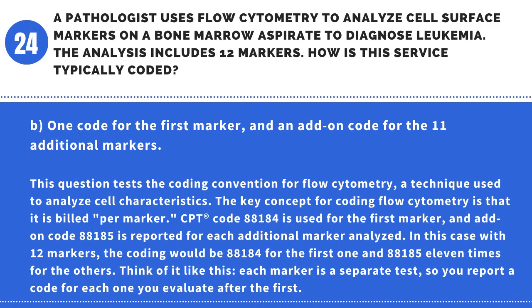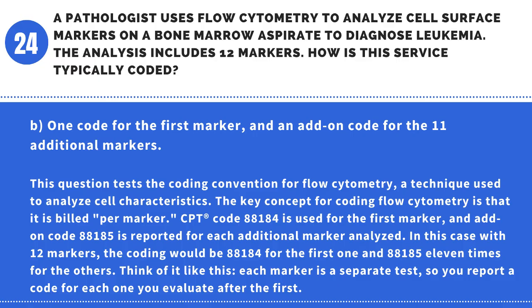Answer: B. One code for the first marker, and an add-on code for the 11 additional markers. This question tests the coding convention for flow cytometry, a technique used to analyze cell characteristics. The key concept for coding flow cytometry is that it is billed per marker. CPT code 88184 is used for the first marker, and an add-on code 88185 is reported for each additional marker analyzed.